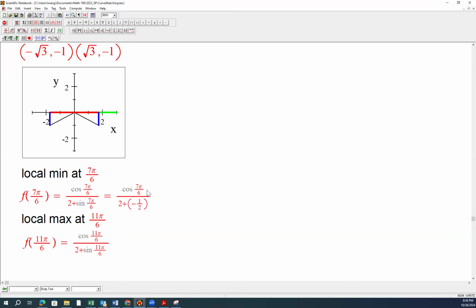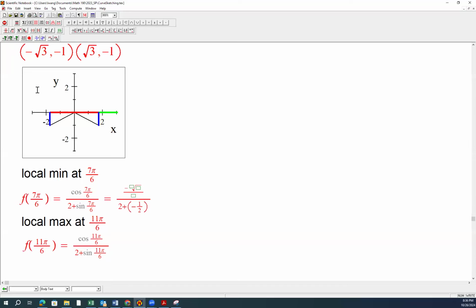But what is cosine 7π/6? Cosine 7π/6, which is this terminal, is the red divided by r. The red is √3, and we got a negative √3, negative √3 divided by r, which is 2.